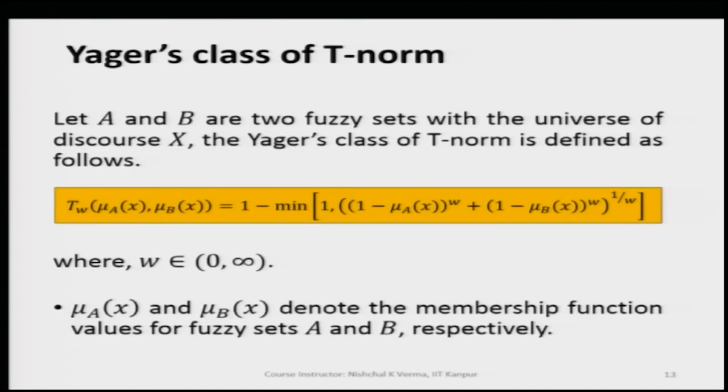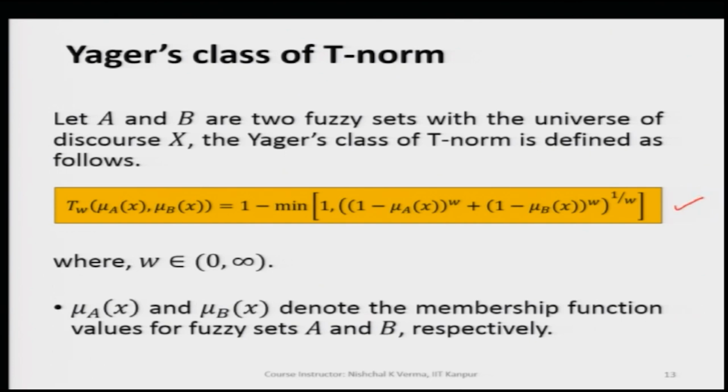Now, let us talk about the Yager class of T norm, which is another class. So, in Yager's class we see that if we have two fuzzy sets A and B, and within the universe of discourse capital X, Yager's class is defined by the expression which is given here.